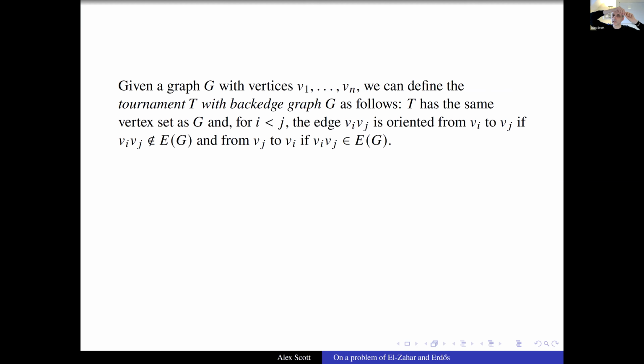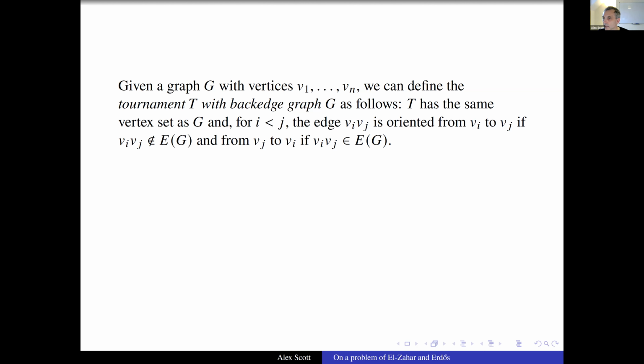Edges go upwards from Vi to Vj, where i is less than j, unless they're in G, in which case they go back down again from Vj to Vi. So G just encodes which edges go from right to left. The default direction is left to right, unless you're in G and you go from right to left.